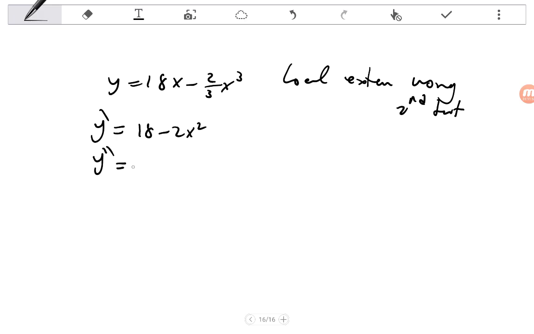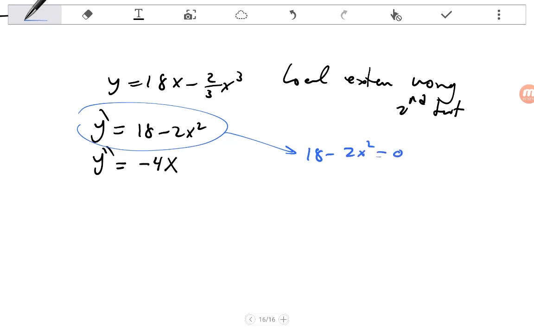We find y double dash, which is equal to minus 4x. We find the critical points from the zeros of y dash: 18 equals 2x squared, so x squared equals 9, for which x is equal to plus or minus 3.